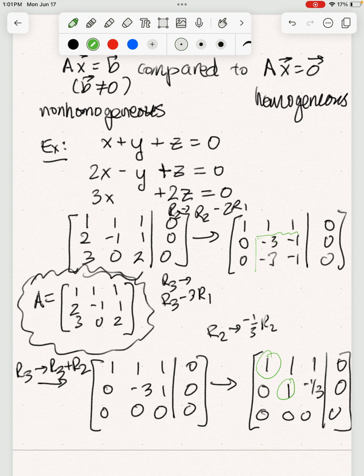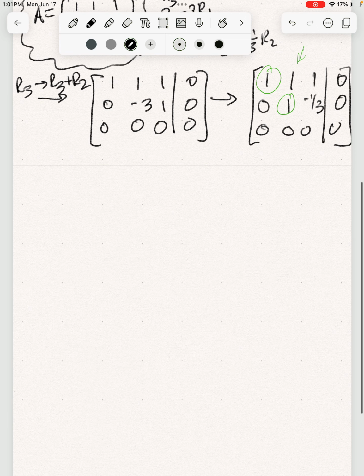My pivots are now 1, so this 1 on top needs to go to a 0. So the last step is to do row 1 goes to row 1 minus row 2.